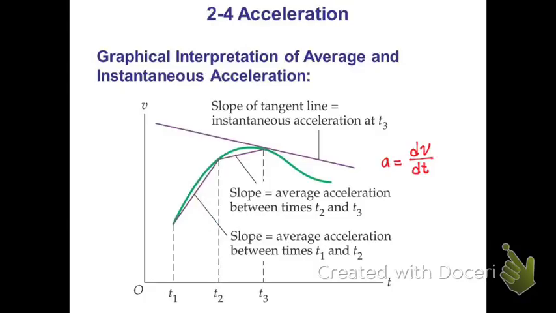This green line is a smooth curve, not in a position versus time graph, but in a velocity versus time graph.